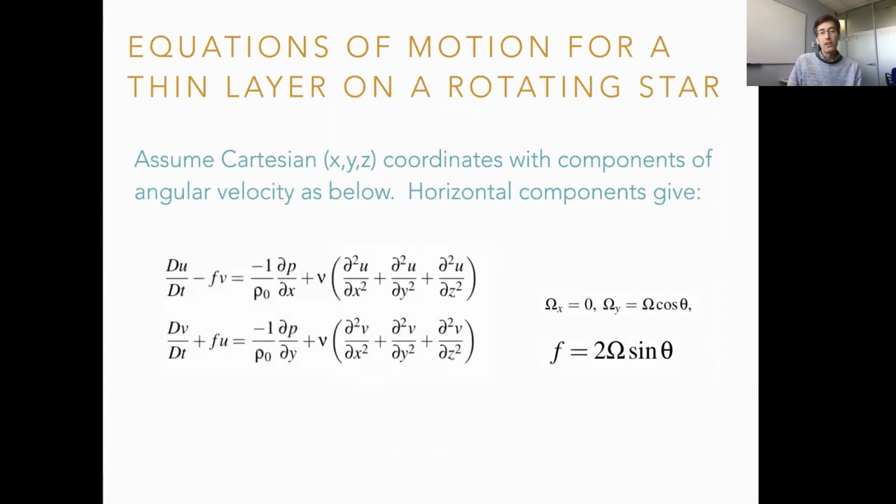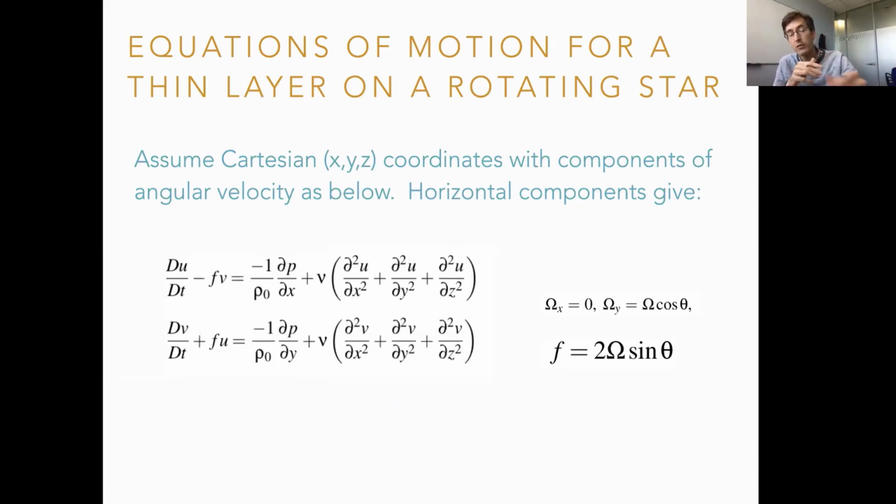We take the equations we've written above, but simplify to the case of a relatively thin atmosphere, and look at just the Cartesian plane layer at some fixed latitude on that rotating planet. So we're in a non-inertial frame. There is a Coriolis force. We just write down the equations, and they'll look something like this.